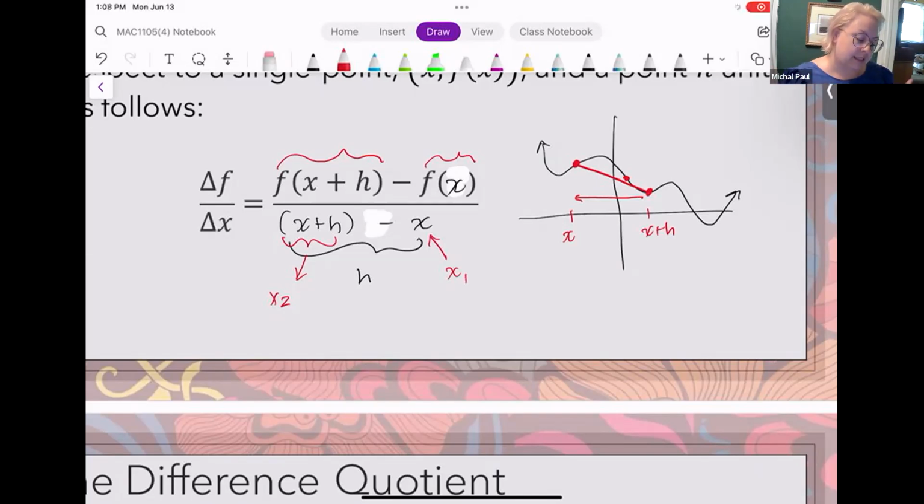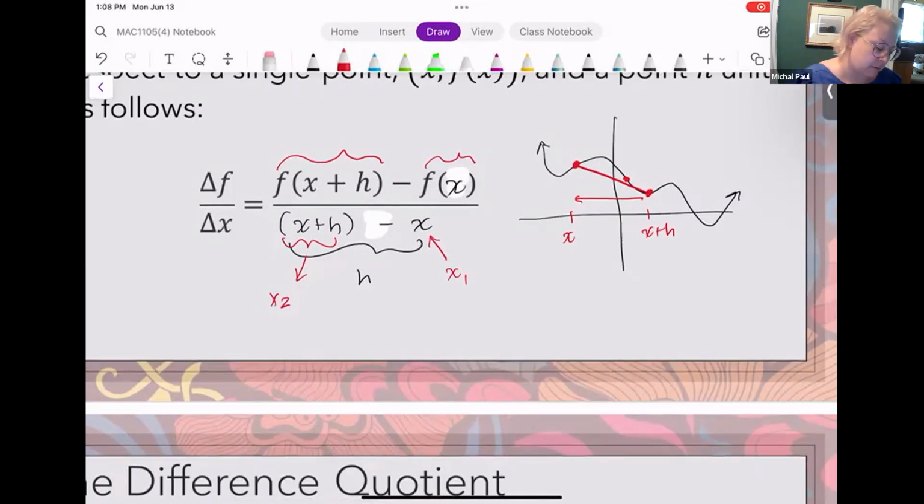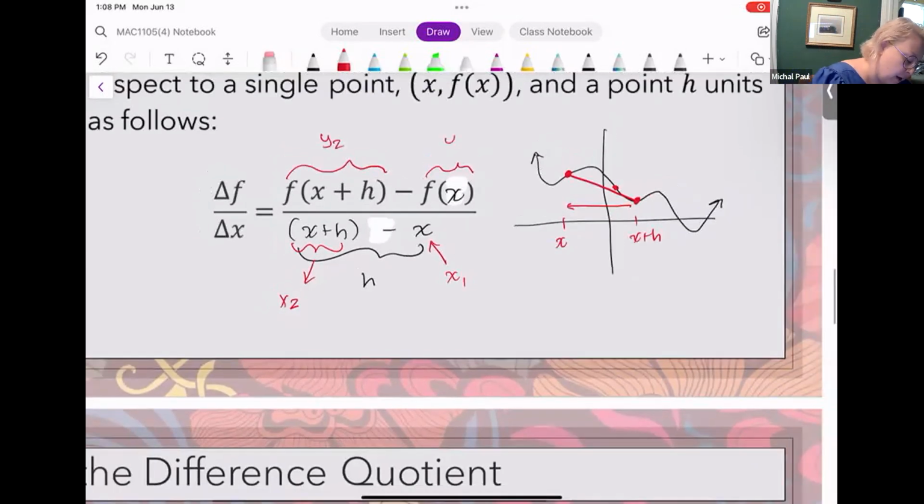But the reason that it works like that is I still do have x2 minus x1, and this is just y2 minus y1. It's just a matter of how it's written and the application that it's used in. So it's still slope, it's still y2 minus y1 over x2 minus x1.